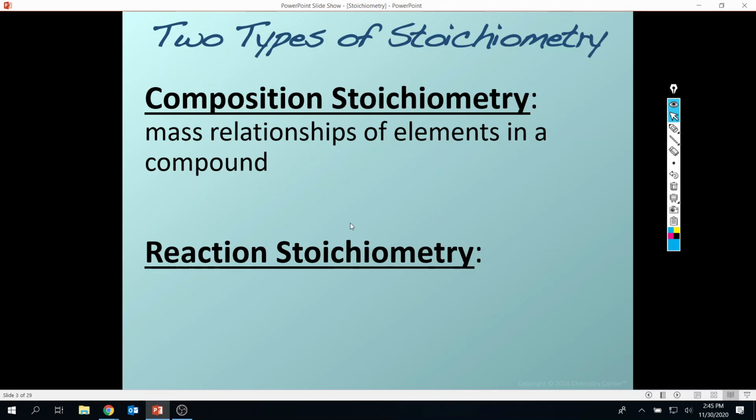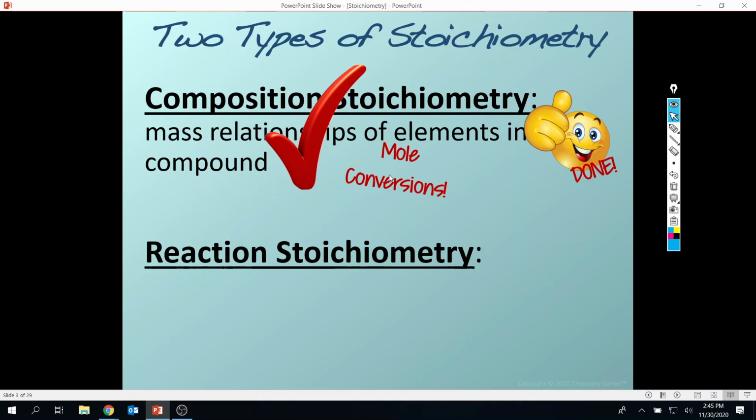And how many grams of that is in a mole? So this is about mole relationships and element relationships in one compound. I don't really care that you know all that because we have looked at this. This is about mole conversions, grams to moles, moles to particles, and we are done there. Although we will still keep using those skills in reaction stoichiometry.